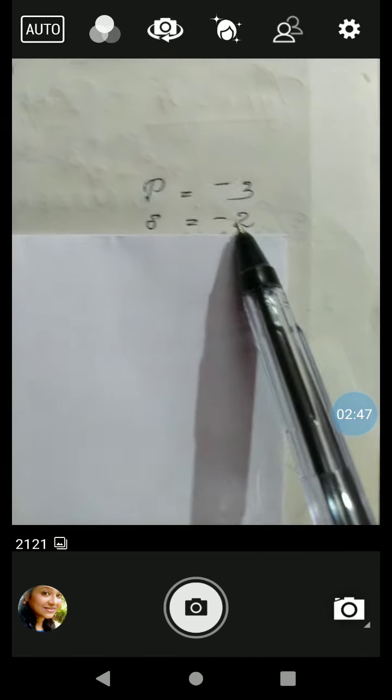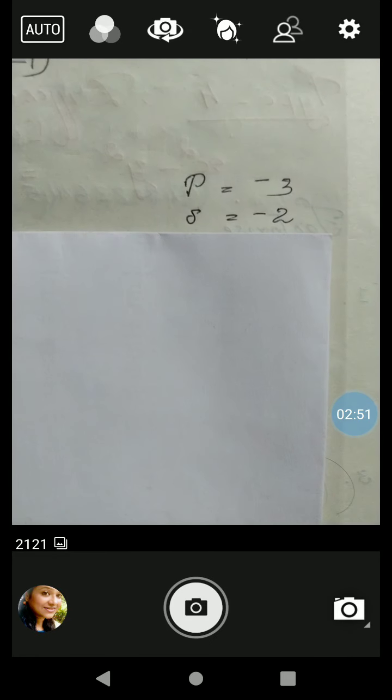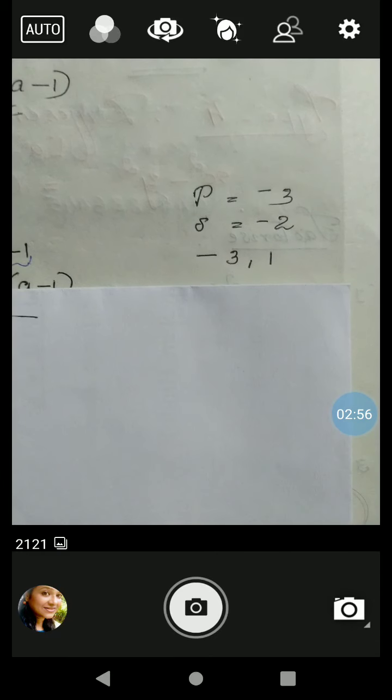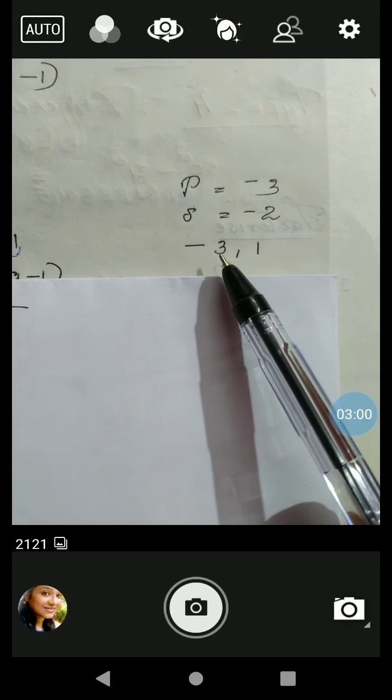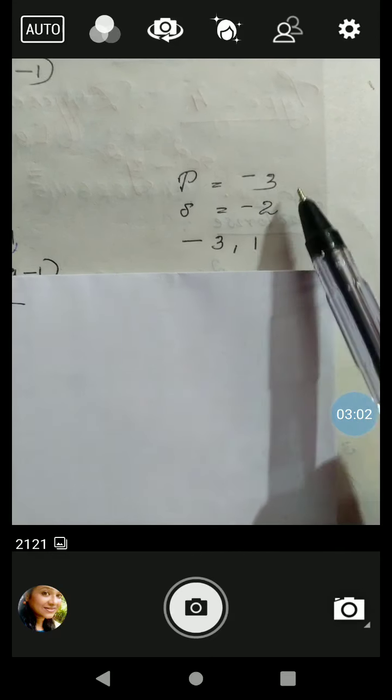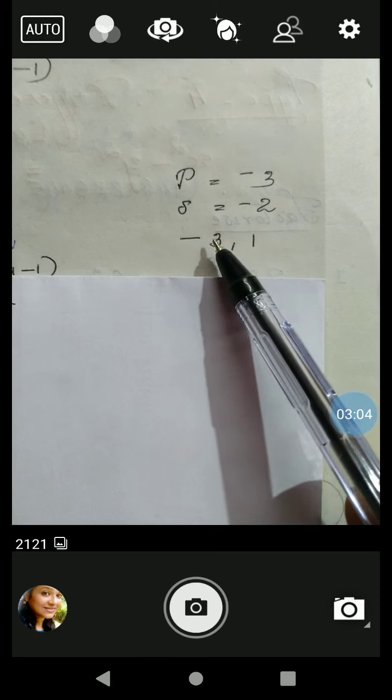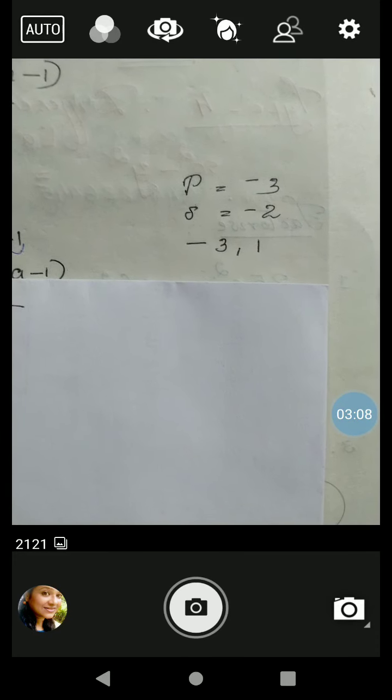So, find two numbers whose product is minus 3 and sum is minus 2. These two numbers are minus 3 and 1. Product, we can check. Minus 3 into 1, minus 3. And sum, minus 3 plus 1, that is minus 2.